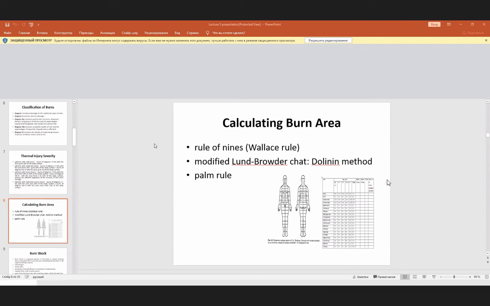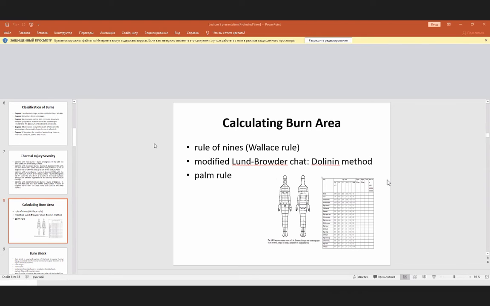According to the rule of nines, the area of a particular body part is equal to 9% of the body surface, or divisible by 9%. Head and neck are estimated as 9% of the total body area.